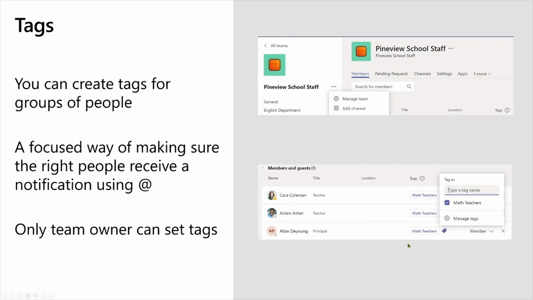So if we wanted to just give some communication to the math teachers, we'd do @math teachers and then type our message. And we know that these 3 people in this instance will get that communication because that is part of their tag. Now, owners are the only people that can set tags. That's really important. You would create the tagged groups so that then you can use those for people, and you can set them up so that they can use them in their own way. And I think that's really important, that we make sure that it's the owners who have the control, and it's the owners who are setting up exactly what is happening when it's happening for you to be able to do that.